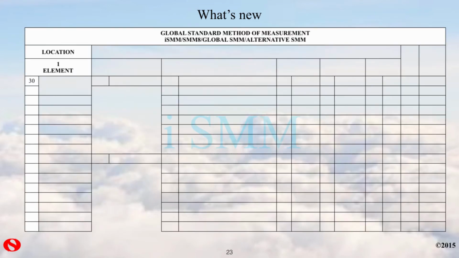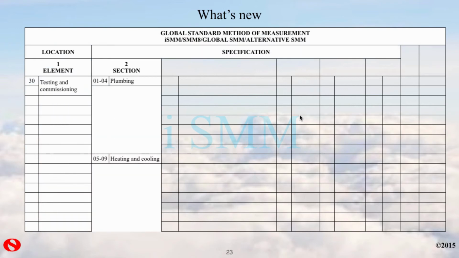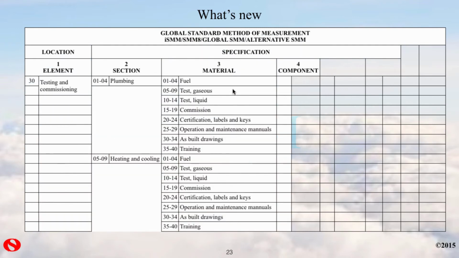And so you can see on the following page that we've got the plumbing, and in the plumbing there are all the tests that are applicable for plumbing, and the same for the heating and cooling, right the way through to the end of all the items in section 2.